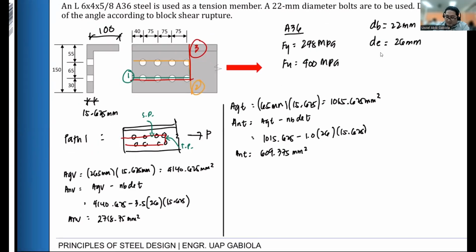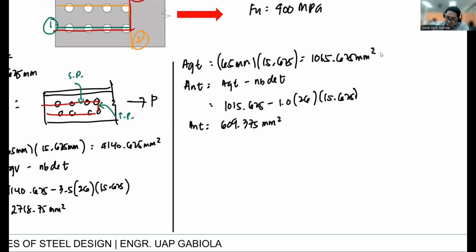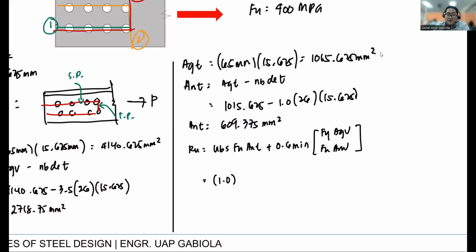Now that we have those values, we can now use our formula. Our formula is Rn equals UBS FU ANT plus 0.6 times the minimum between FY AGV and FU ANV. So we substitute. UBS is 1.0 because it is not stated that it is a coped beam with multiple rows.